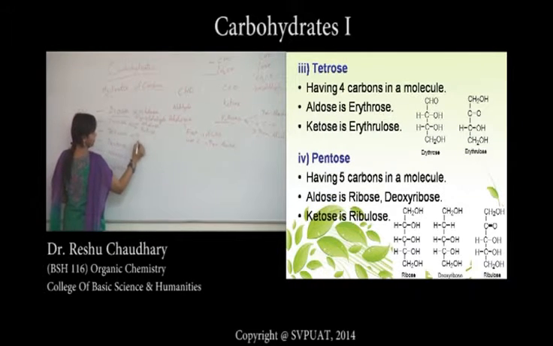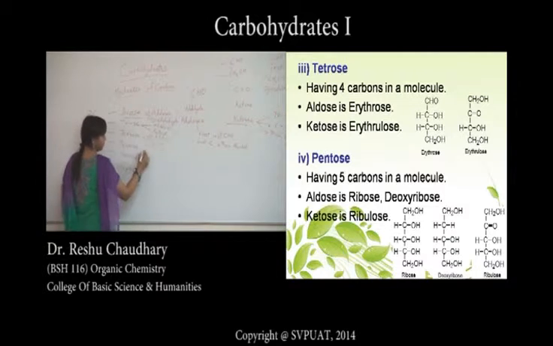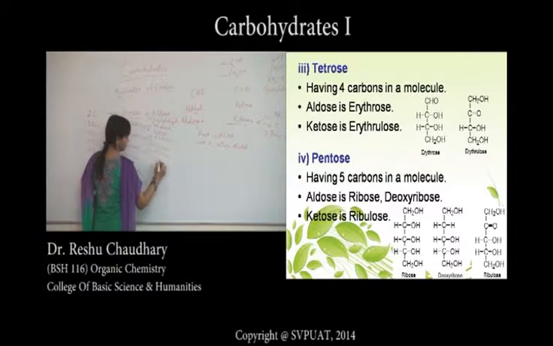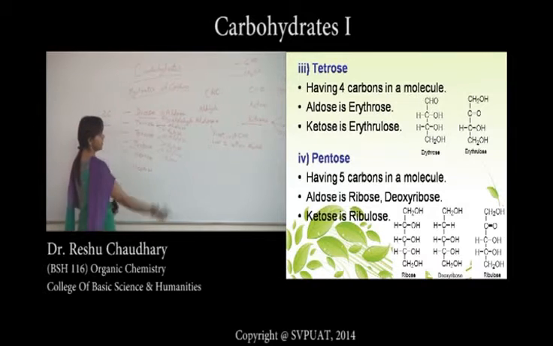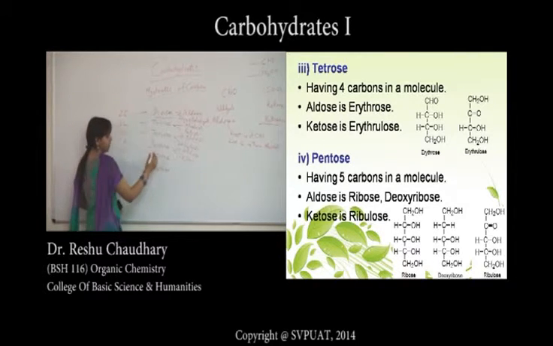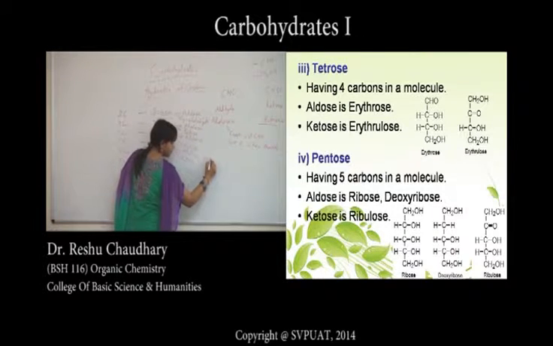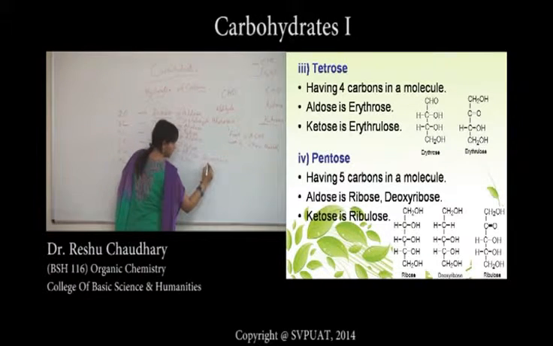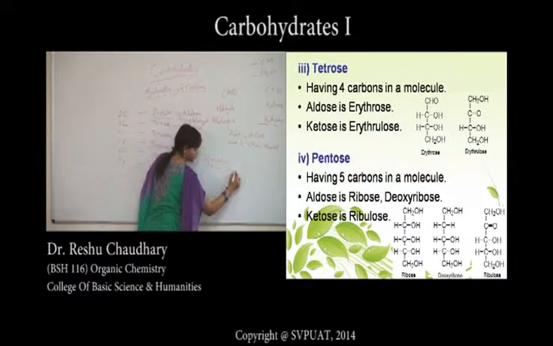Also in tetrose, both are possible, aldose and ketose. In pentose, also aldose and ketose. In pentose, which sugar? As we know, all carbohydrates are sugars. These are deoxyribose sugar and ribose sugar.